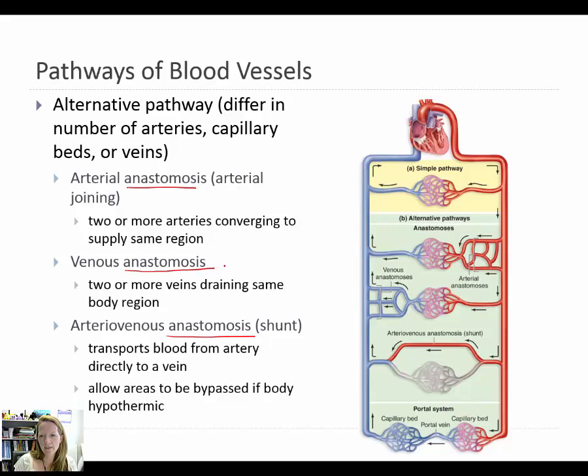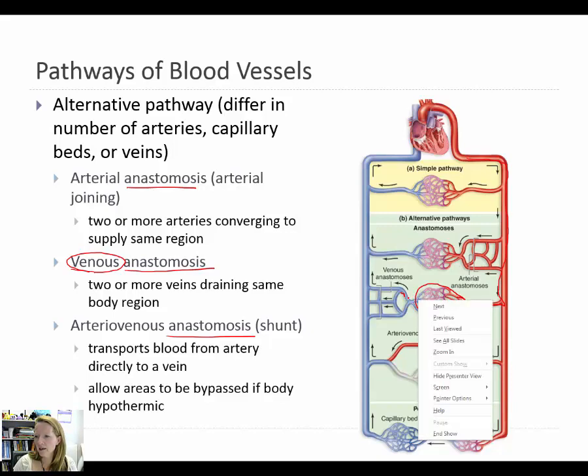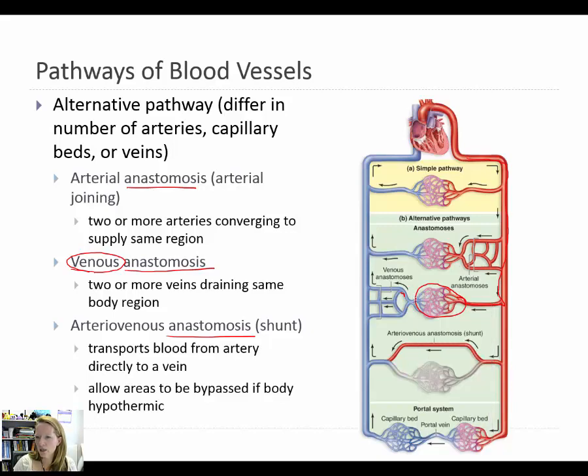Let's take a look at the venous anastomoses, and this is telling you the joining of which vessels. Here goes the blood. There's the arterial. It's going into the capillaries. But look, it splits, and two or more veins are going to drain the same body region right here.